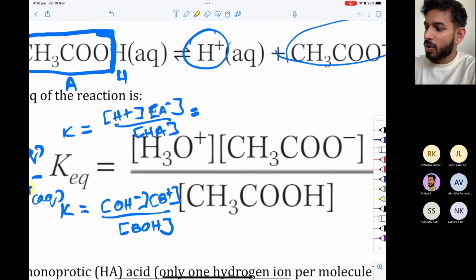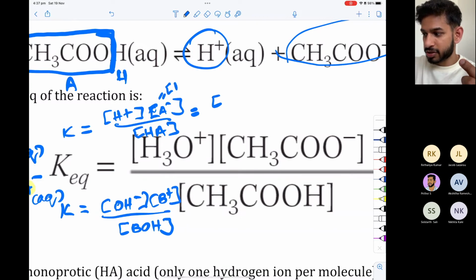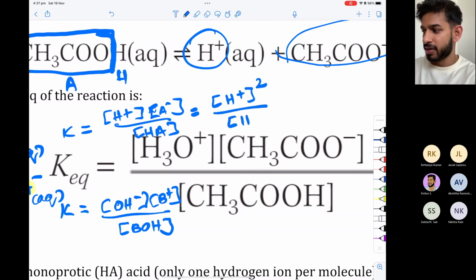Exactly. So what we like to do is rewrite the K constant for acids. Since A minus is just equal to hydrogen ion concentration, we rewrite it as hydrogen ion concentration squared divided by HA.